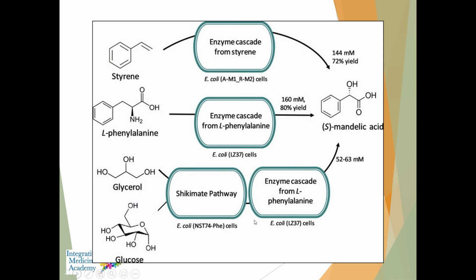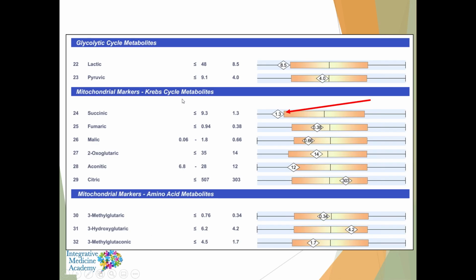Now that's a genetic disorder typically picked up in young children. But it is possible to get mandelic acid as a reflection of styrene exposure. It's also possible to have it become elevated because of phenylalanine problems or the metabolism issues linked to phenylalanine, which means that it is possible to have these things elevated in somebody actually taking phenylalanine in their supplements.